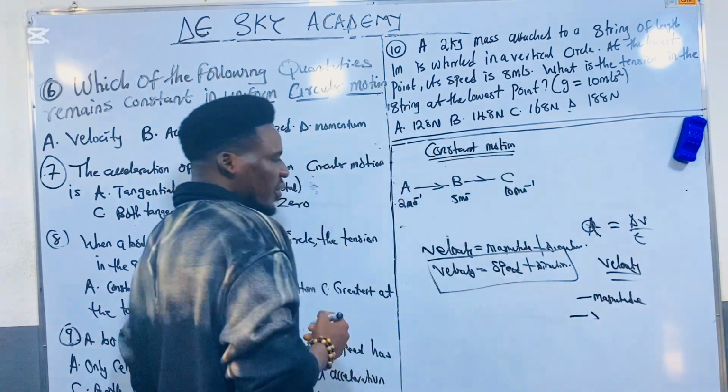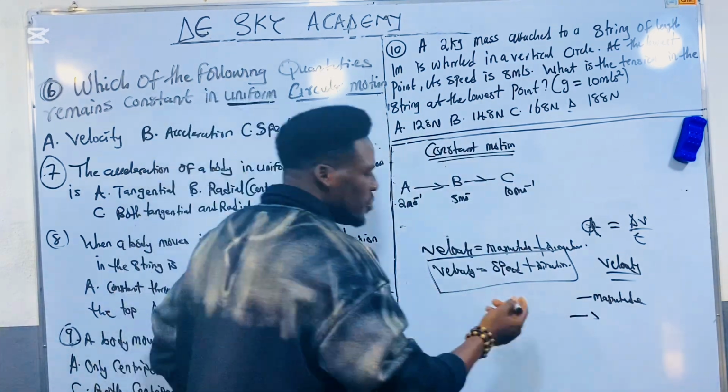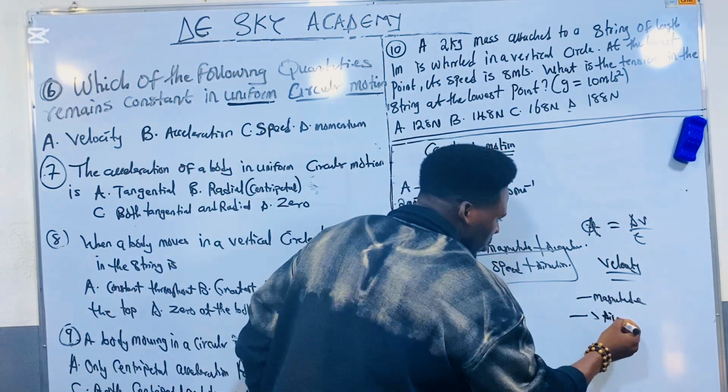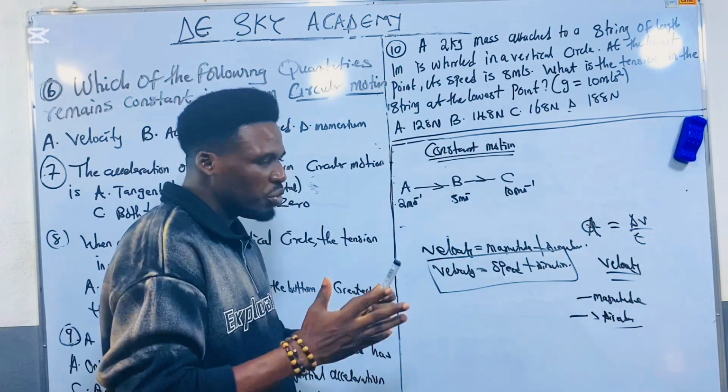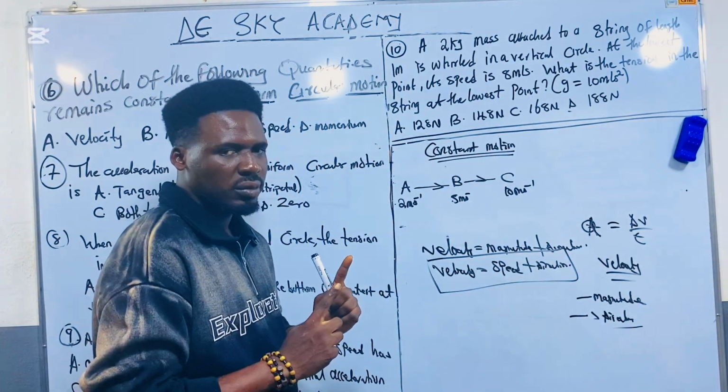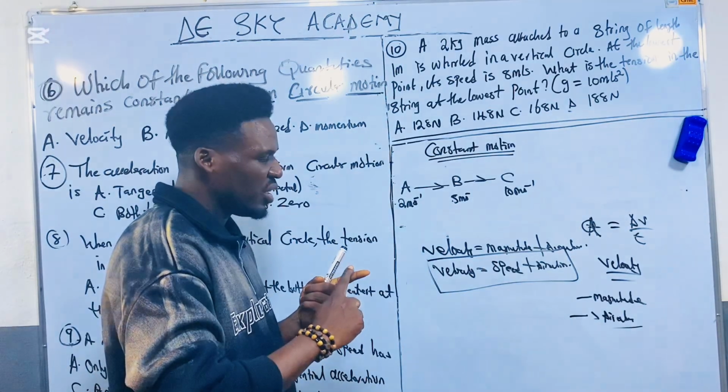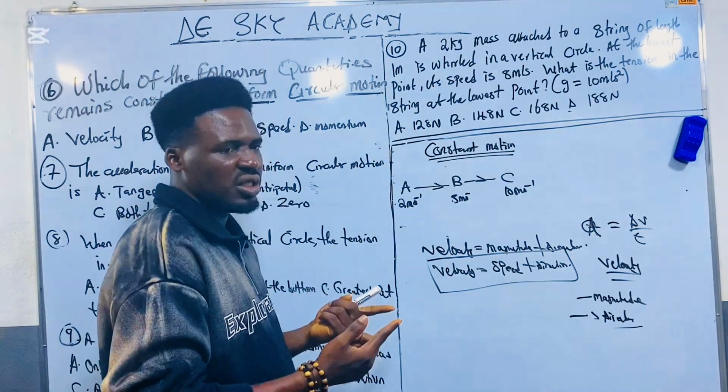Then velocity can also change in terms of direction. So it is possible for us to have the same magnitude but different direction.